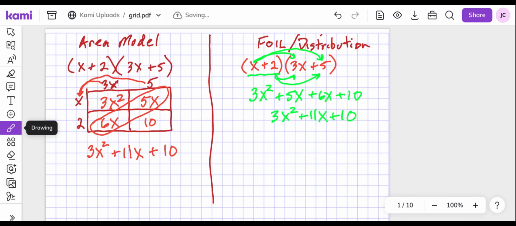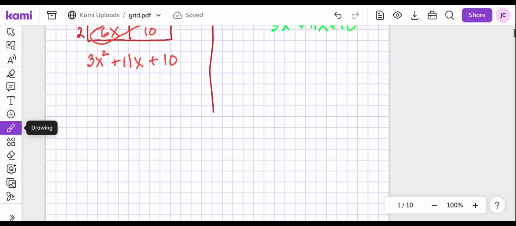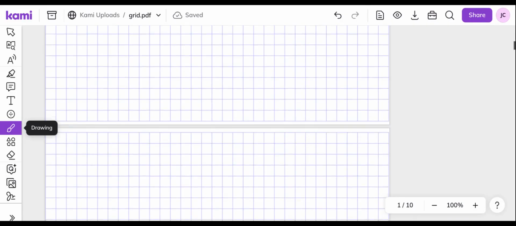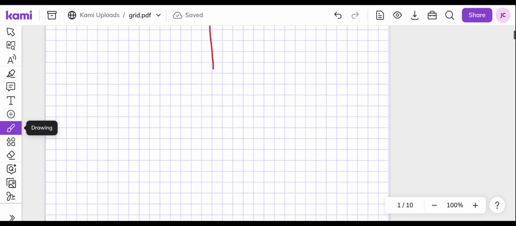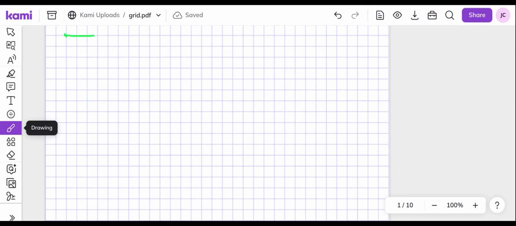And that is distribution. Now, FOIL would be slightly different, but it's still a form of distribution, right? So there is that. Let's look at another example. And this time we're going to go with something slightly bigger, a bigger polynomial.